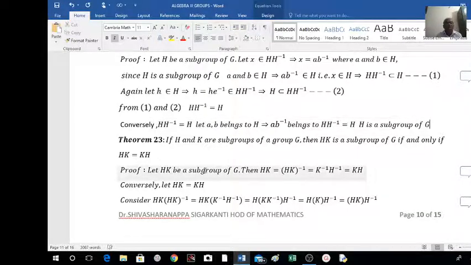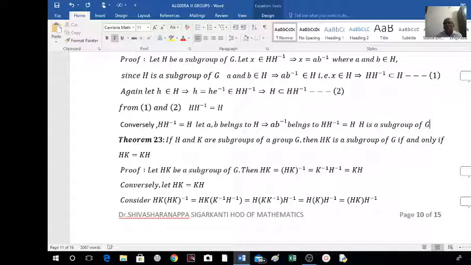So HK is a subgroup here, then HK must be equal to its inverse, that is HK whole inverse. This can be written as K inverse H inverse, this also we have proved. And since K is a subgroup, K inverse equal to K. Also H is a subgroup, therefore H inverse equal to H. So this is equal to KH. What we proved here is that if HK is a subgroup of G, then HK equal to KH.